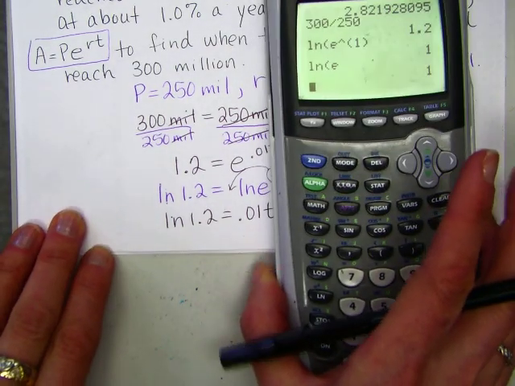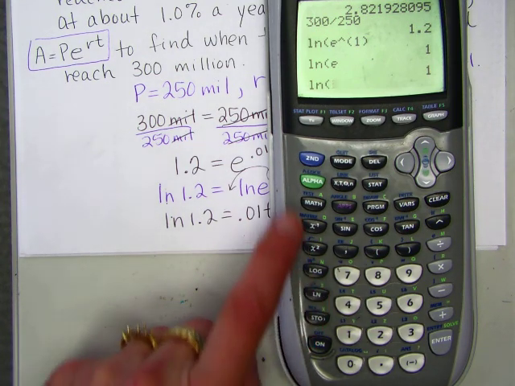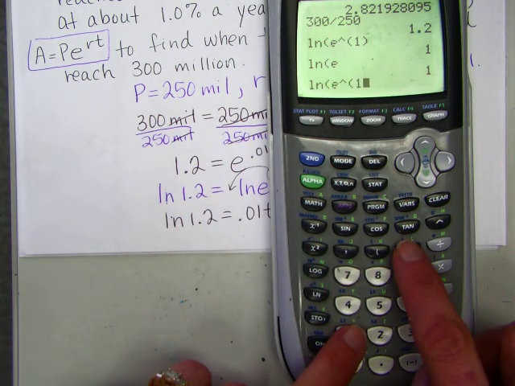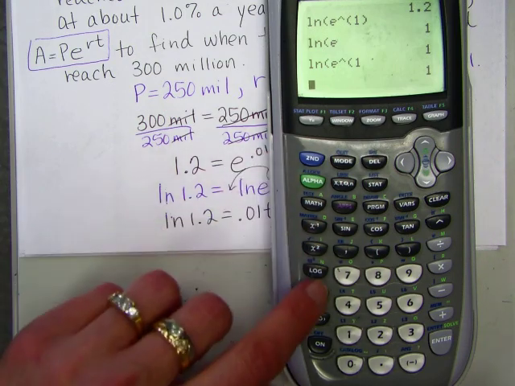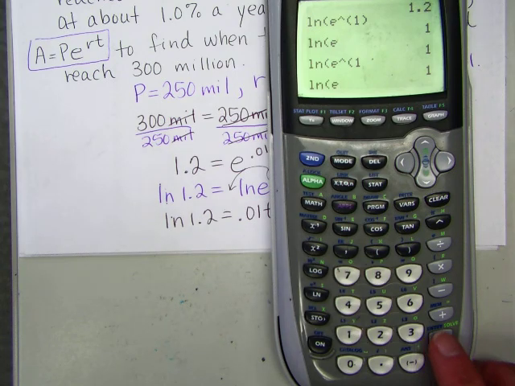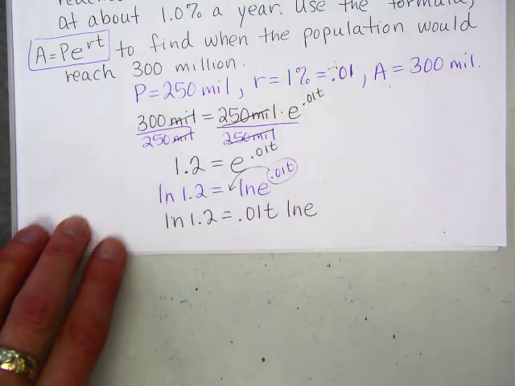It's 1. Some of you are going, I don't know where my natural log button is. All right, natural log is right here under common log, so you can go natural log. And then you can do second natural log. That gives you an E, but then you have to do the first power, okay? And I don't think it cares if we close parentheses. Or you could do natural log on your divide sign. Second divide is a regular old E without an exponent thing, all right? So the natural log of E is 1.